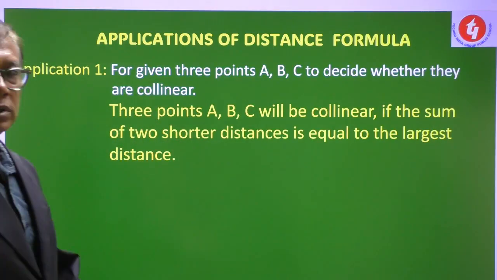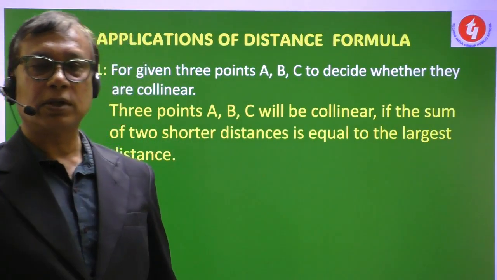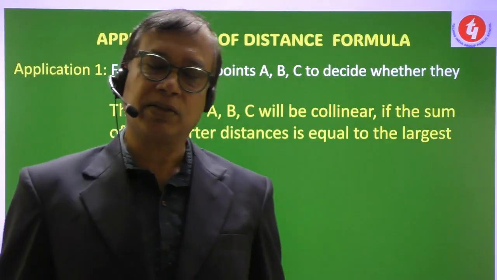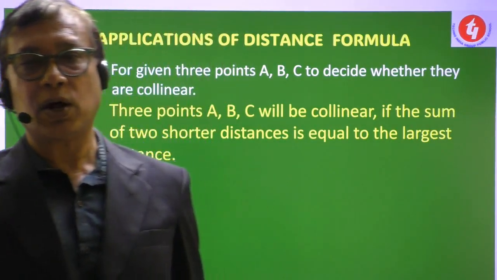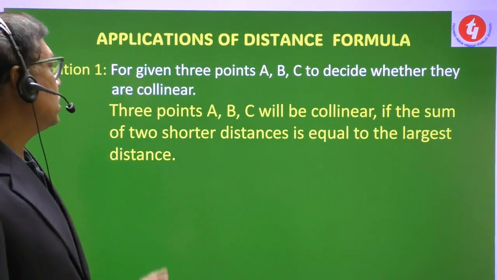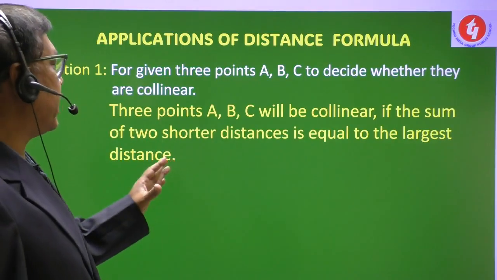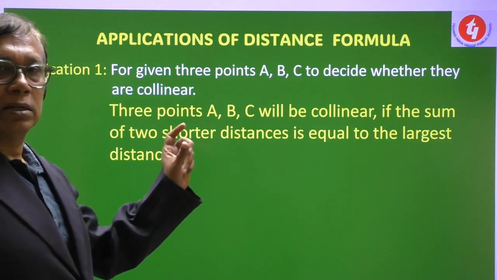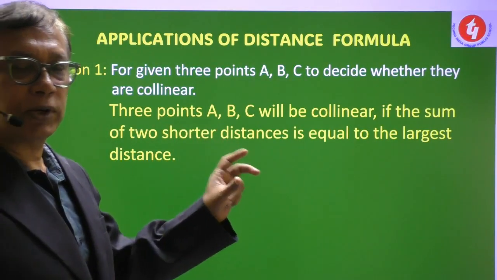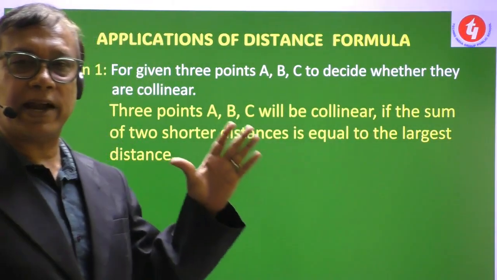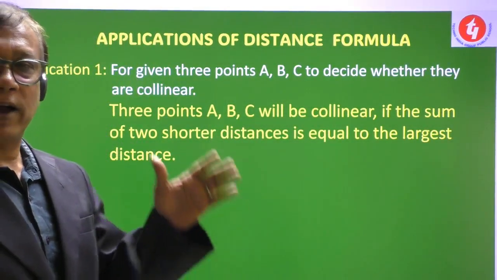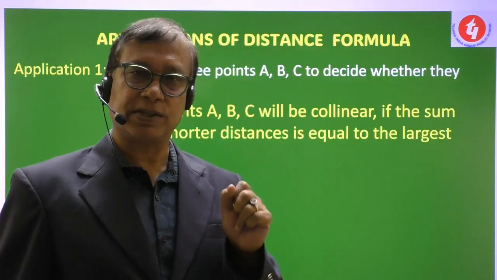That means we know the coordinates of 3 points. We have to check the given points are collinear or not. How will we check it? First we will find the distance between two consecutive points. Means we will find AB, we will find BC, and we will find AC.